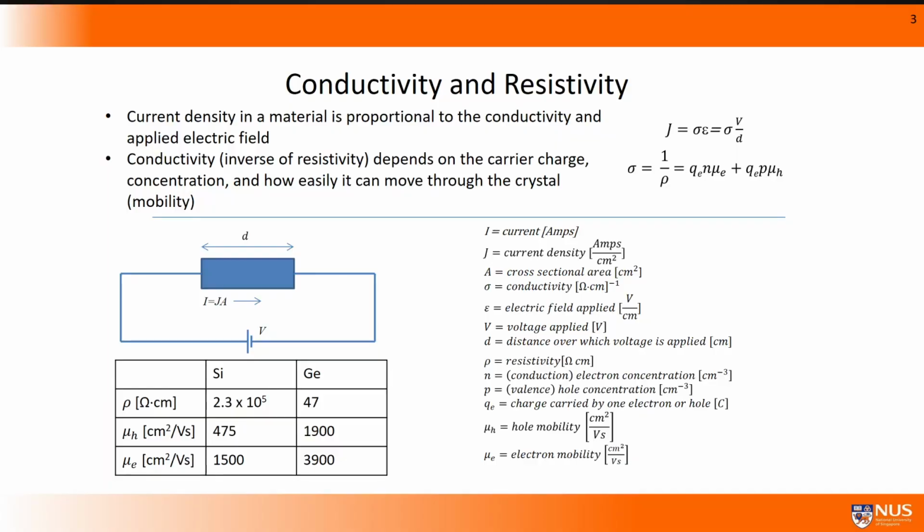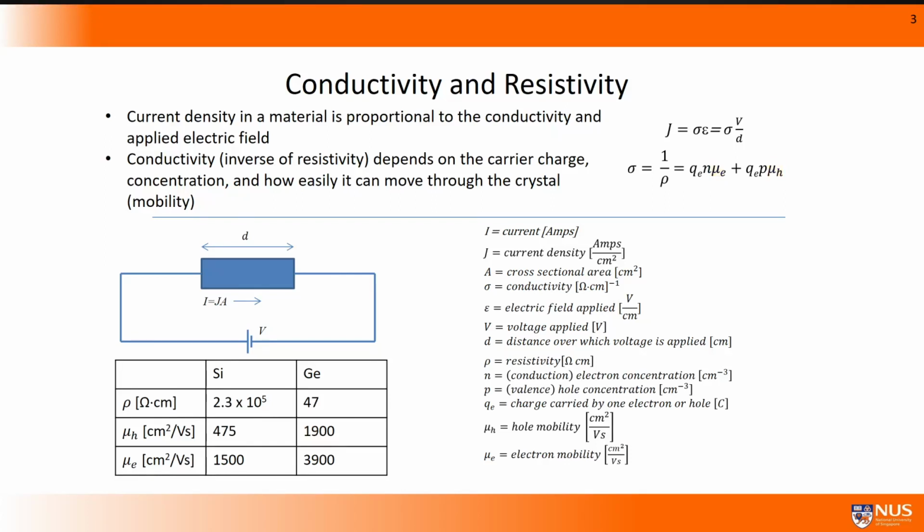So any one electron will follow a somewhat chaotic path through the crystal. The easier it is for electrons to move, the higher the electron mobility, which is the Greek letter mu with a subscript E for electrons and a subscript H, because we have holes in the valence band conducting electricity too.